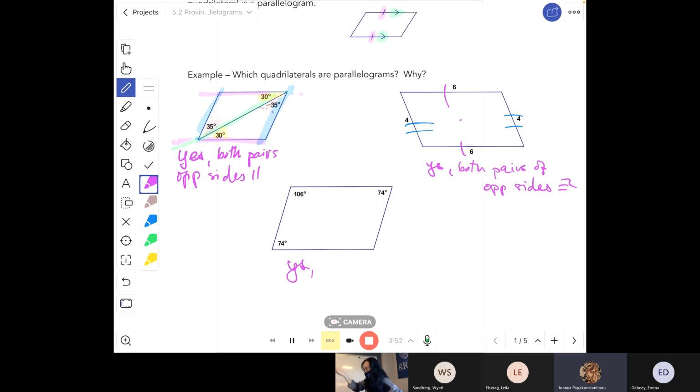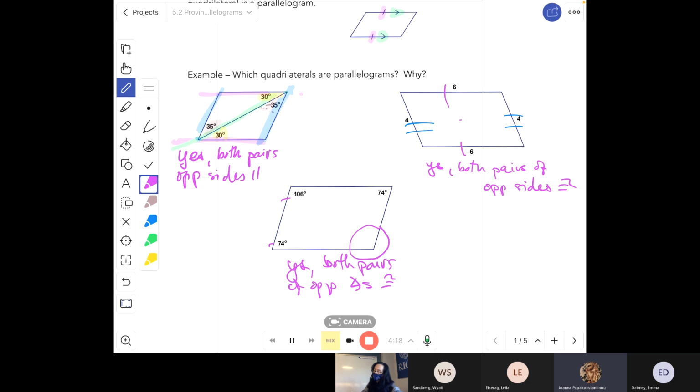Okay, there's a couple different. Because the opposites. Yes. And the consecutive. Right. Beautiful. The consecutive angles add up to be 180 degrees. And then we can find this missing angle by a couple of different things, right?